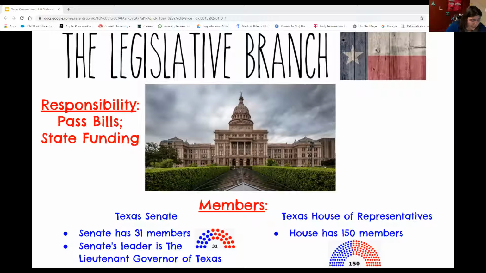It is set up with the Texas Senate and our House of Representatives. The House of Representatives is 150 members, and our Texas Senate is 31 members. All right, so this is where we are right now.